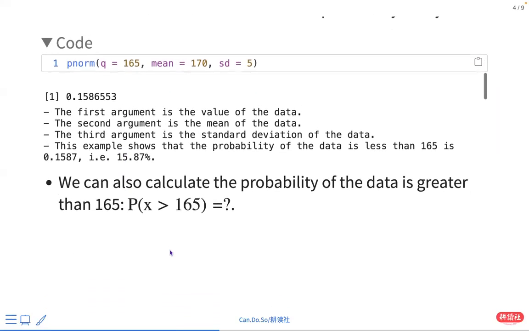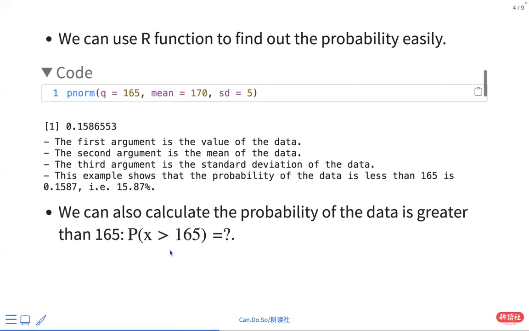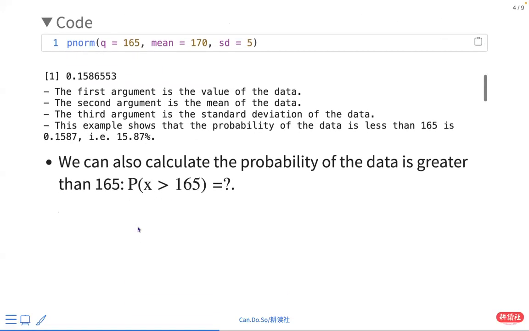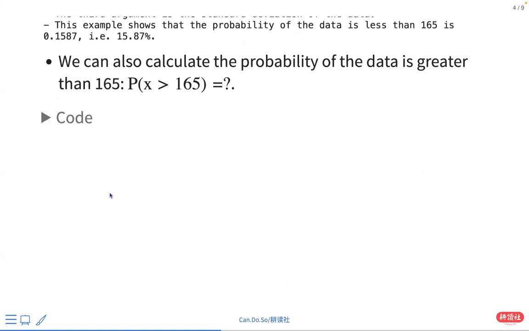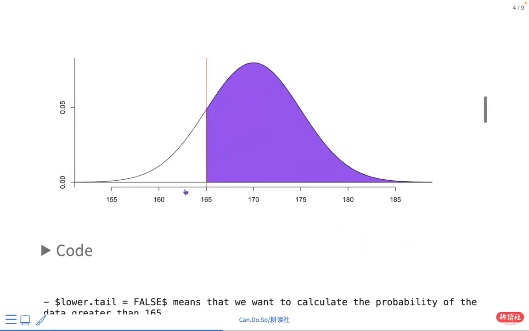And we can also calculate the probability of the data being greater than this one. So we want to find out this part, to the right of 165.